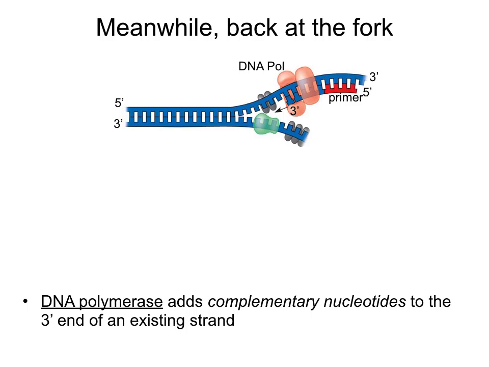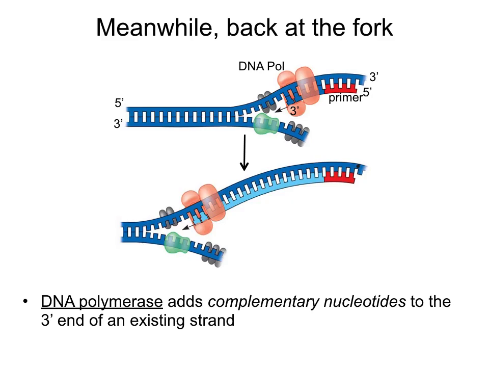As time goes on, this so-called replication fork opens up, exposing more single-stranded template DNA, and DNA Pol just continues zipping along and extending that strand.